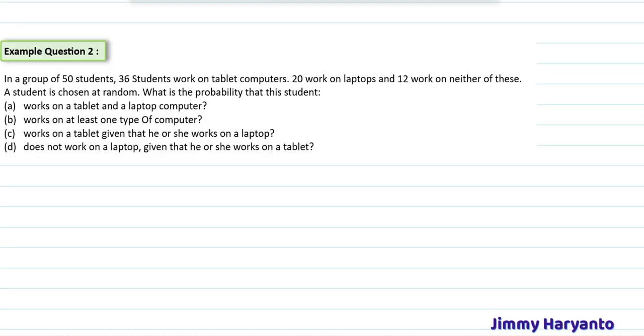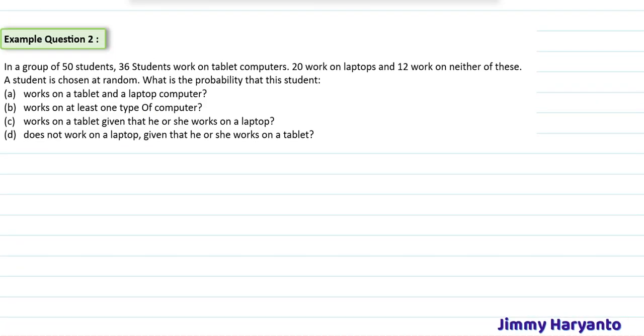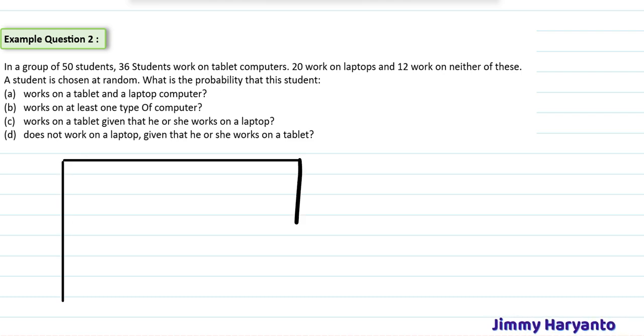Next is this one. In a group of 50 students, 36 students work on a tablet computer, 20 work on a laptop, and 12 work on neither of these. This type of question usually involves a Venn diagram, so you have to draw the Venn diagram first.